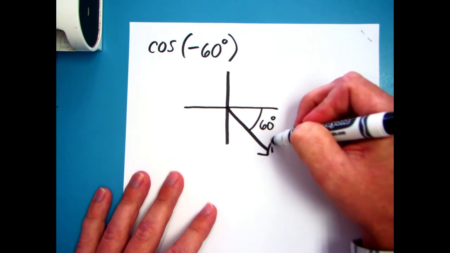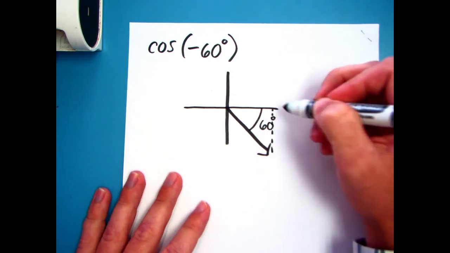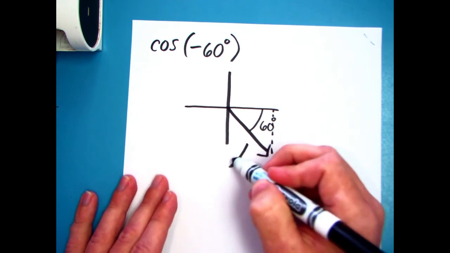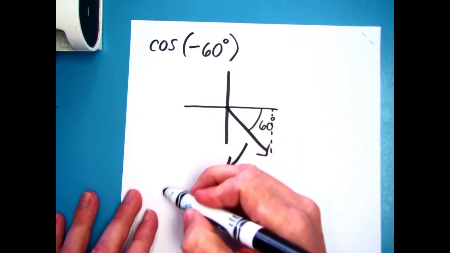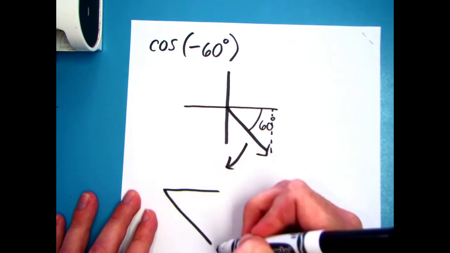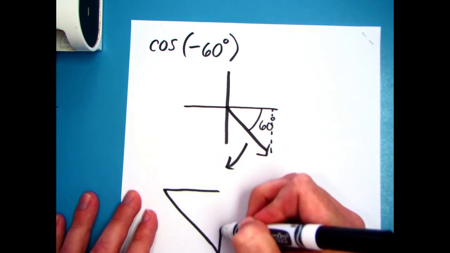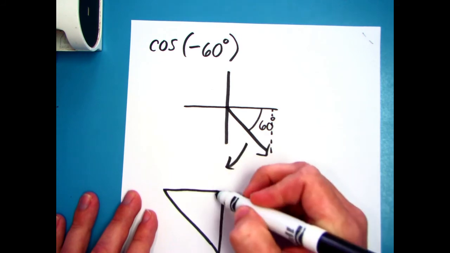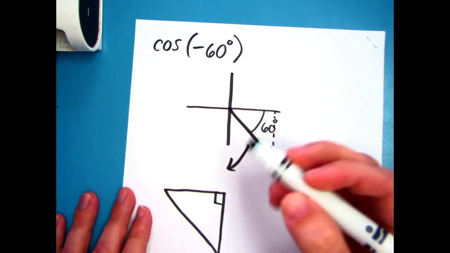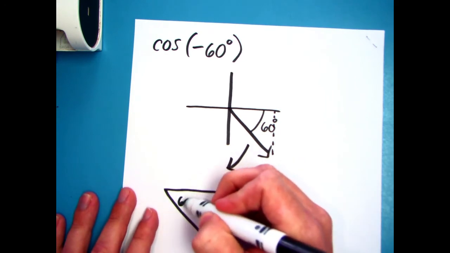Step 2 is to complete the triangle with one side touching the x-axis. Step 3, export that triangle in the same orientation. So here's that triangle in the same orientation. The inner angle is 60 degrees.